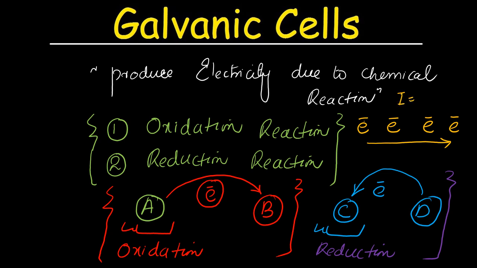I is equal to the flow of charges, and here the charges are electrons. The flow of charge per unit time is a current, and hence electricity is generated due to a chemical reaction in a galvanic cell, a chemical reaction which takes place on its own.